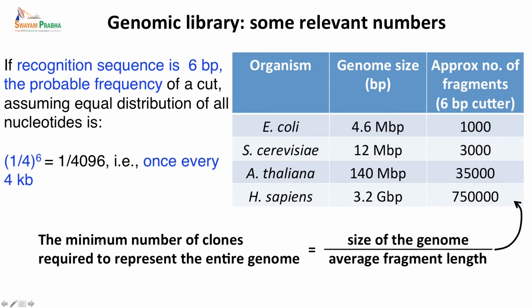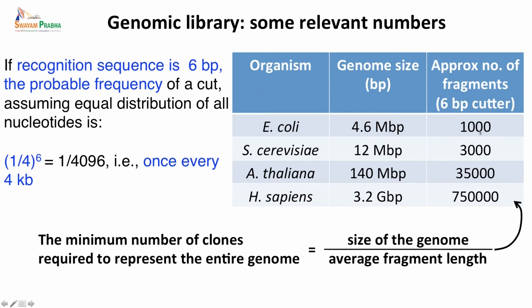Now, if you divide the size of the genome by the average fragment length, which in this case is 4096, then the minimum number of clones which will represent the entire genome of the organism is given here for each of these organisms.